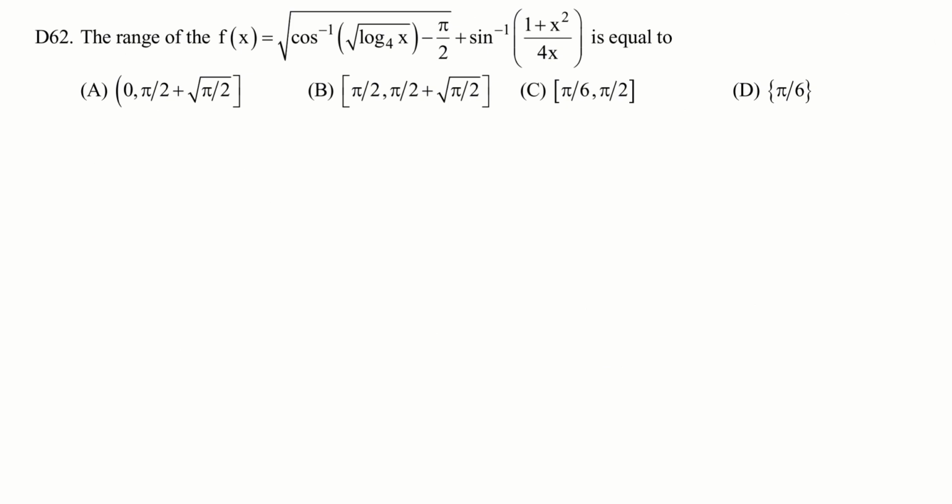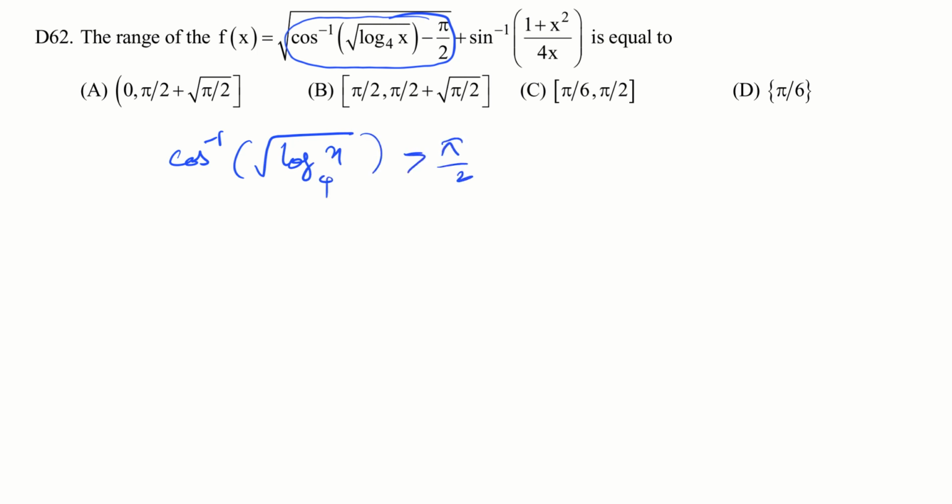Now in this problem, for the function to be defined, first of all, this part has to be greater than or equal to 0. Cos inverse of root log x to the base 4 minus pi by 2 greater than or equal to 0. Means this should be greater than or equal to pi by 2. But we know that cos inverse, as this cannot be negative, cos inverse maximum value cannot be more than pi by 2, and it takes pi by 2 only when this is 0.